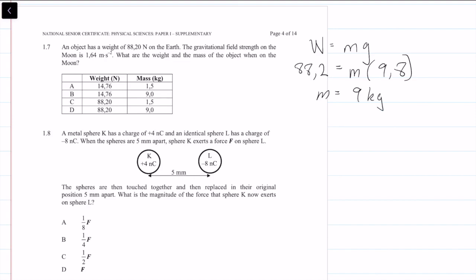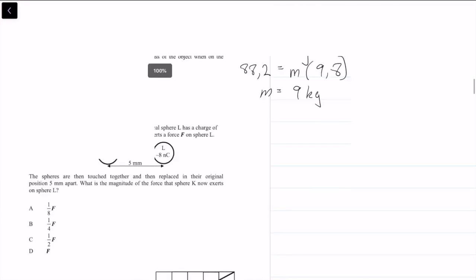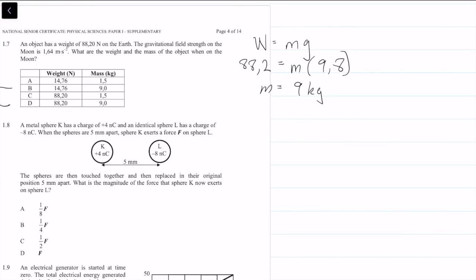So we're left with option B and option C. Then we want to work out the weight on the moon. The weight on the moon is equal to mass times the gravity on the moon, which is 9 times 1.64, and that is equal to 14.76 newtons.